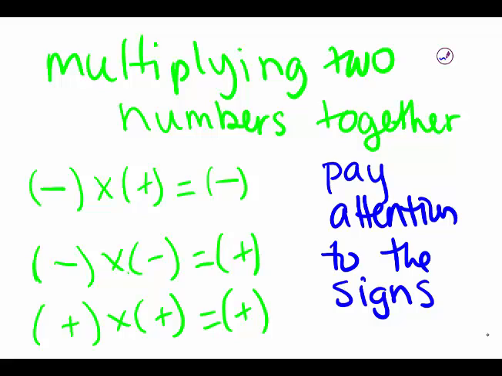If you multiply a negative number by a positive number, the answer is going to be negative, because the negative makes the positive number sad too. And with two negative numbers, the answer is going to be a positive, because the two negative numbers think, why are they so sad? And they become happy. And when you have two positive numbers, they stay happy, and the answer is also going to be a positive number.